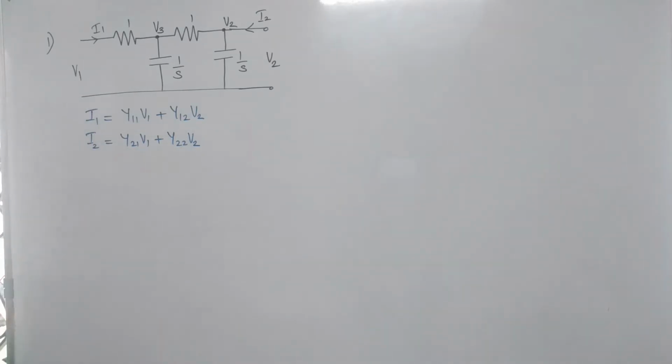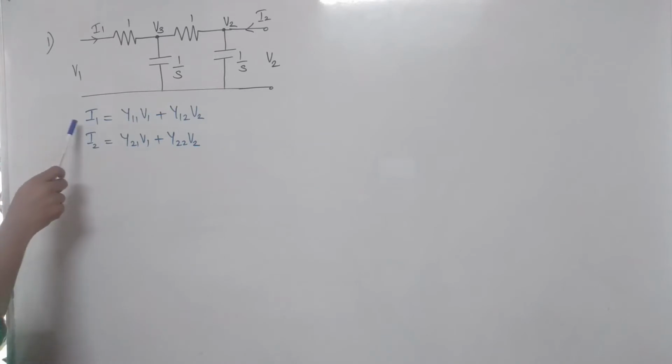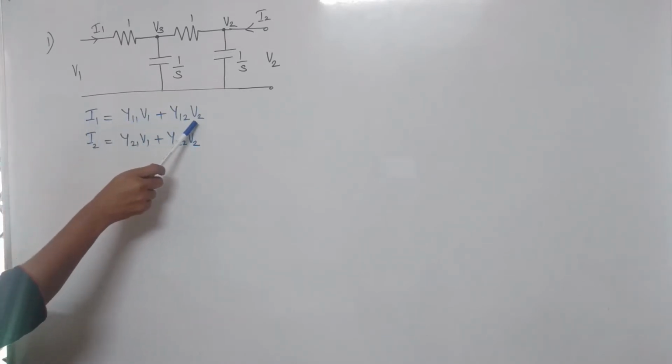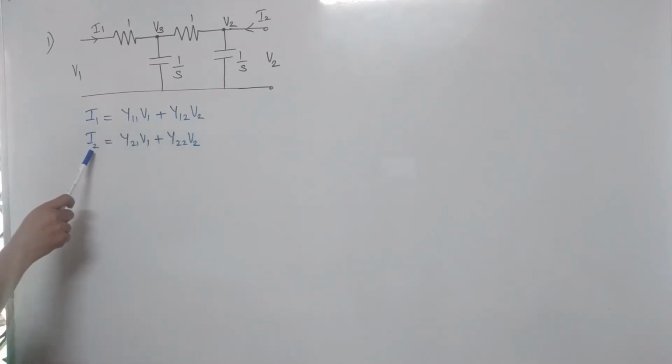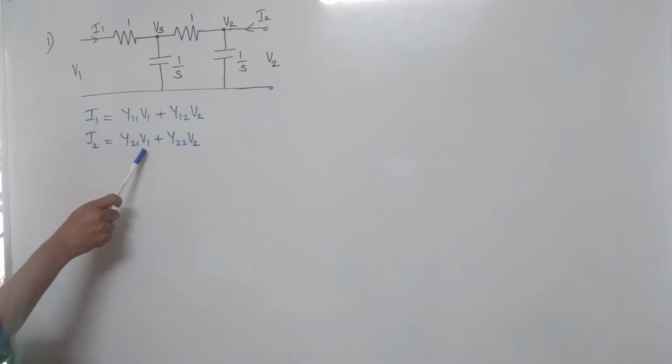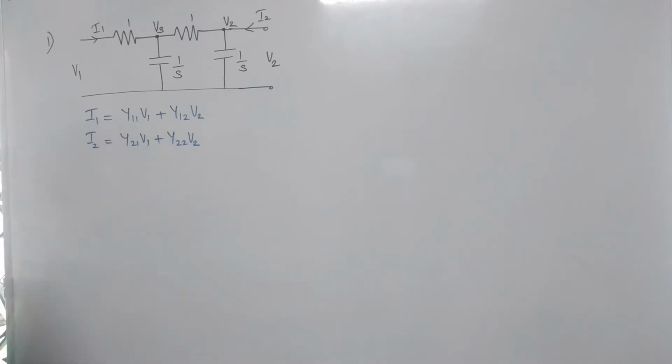So we need to analyze the circuit and obtain an equation for I1 in terms of V1 and V2. Similarly, we need to write I2 in terms of V1 and V2. For that we can take node equations.